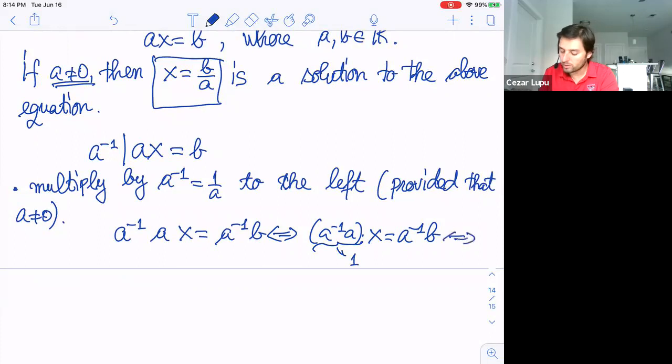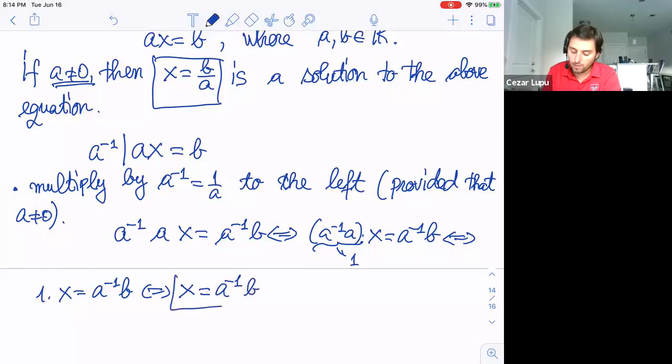So this is equivalent with 1 times X equals A inverse B. 1 times X is X, so X equals A inverse times B. And that's the solution of the equation. So I've performed more steps here, but it's still the same solution. This is nothing else than just B over A. You take it for granted when you deal with the real numbers, but for matrices, that's the language we're going to use.